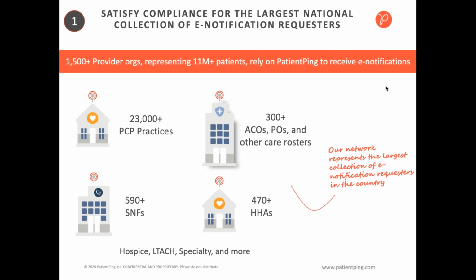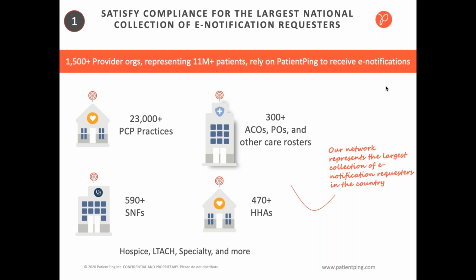By just contributing your hospital's data to the PatientPing network, you will satisfy compliance for the largest collection of community provider e-notification requesters in the country. Over 1,500 community providers representing over 11 million patients rely on PatientPing to receive their e-notifications today.